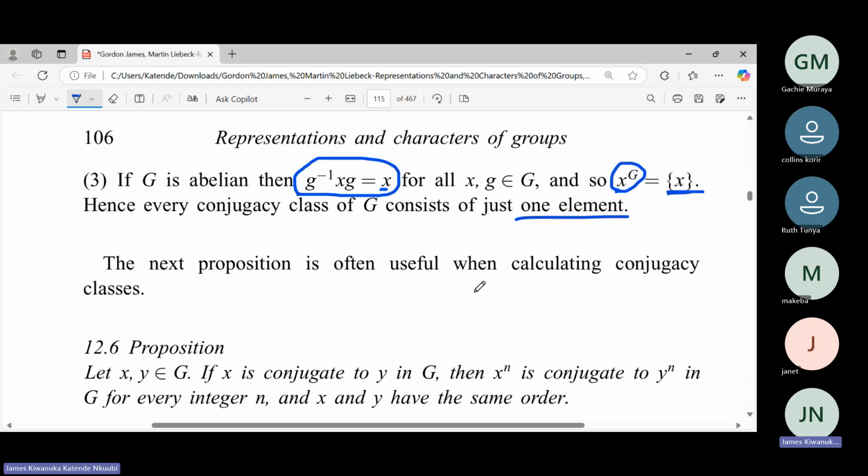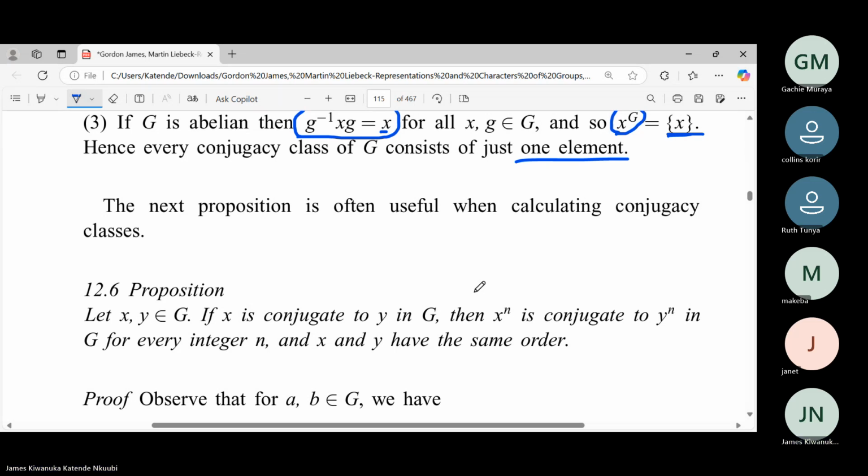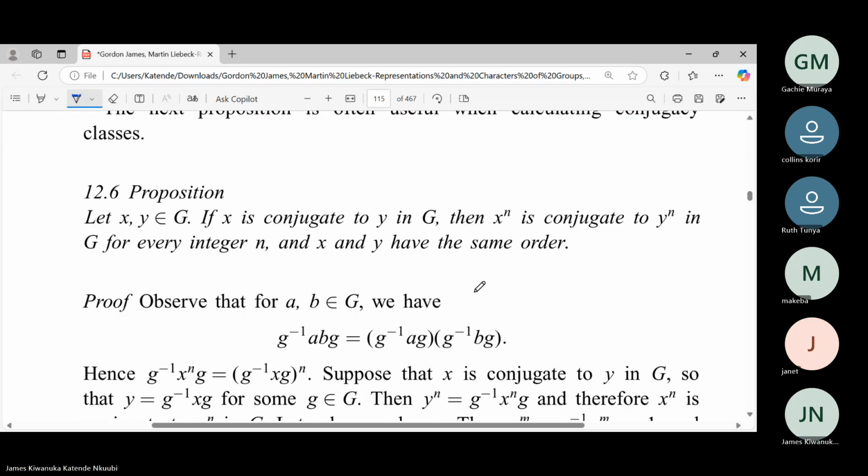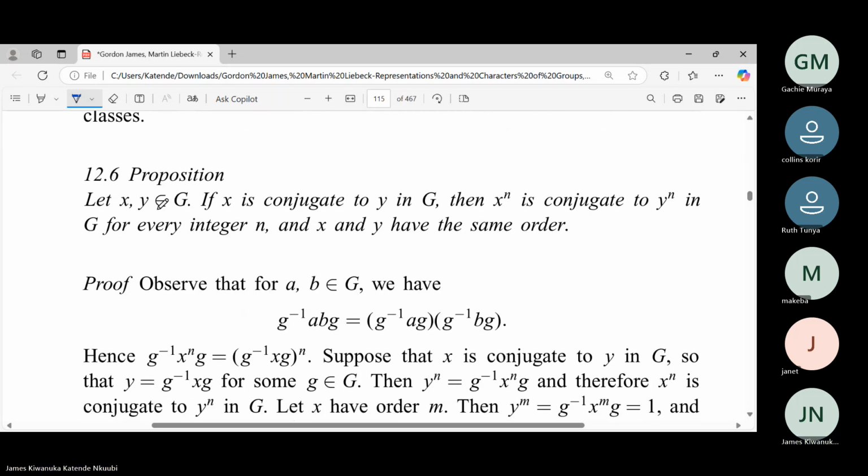The next proposition is useful. Let's see what it says. If you have 2 elements in G, if x is conjugate to y, then x raised to n would be conjugate to y raised to n.